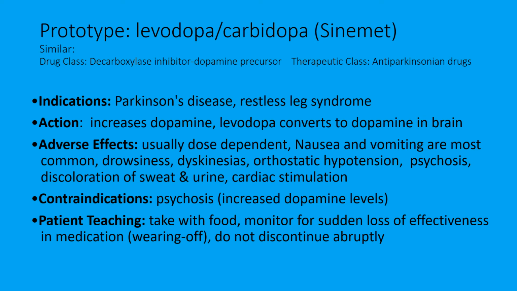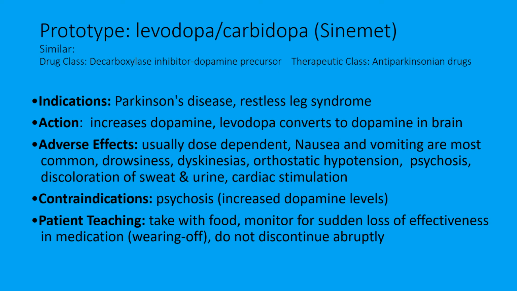Okay, so here is definitely the prototype drug for Parkinson's disease, levodopa carbidopa. So the main active ingredient or the chemical in this drug called Sinemet is levodopa. And I'll explain why carbidopa is in there. So this is definitely an anti-Parkinson's drug.